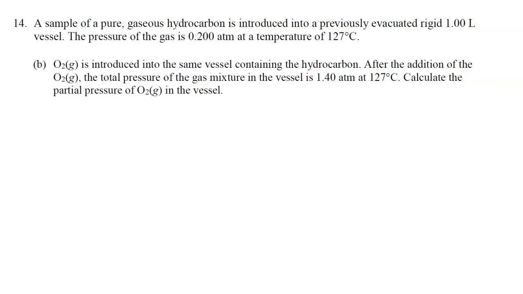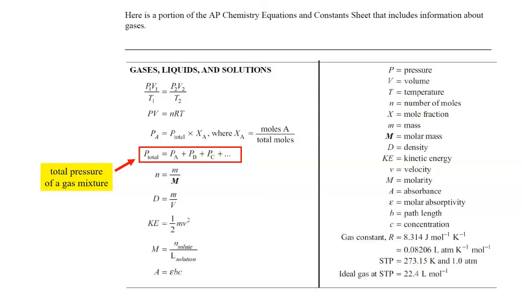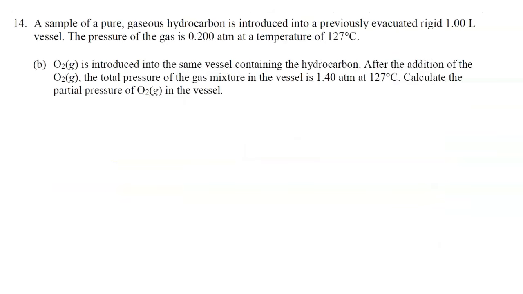And there's already a hydrocarbon which has a partial pressure of 0.200 atmospheres. Remember that the total pressure is simply the sum of the individual partial pressures of the gases in the mixture.